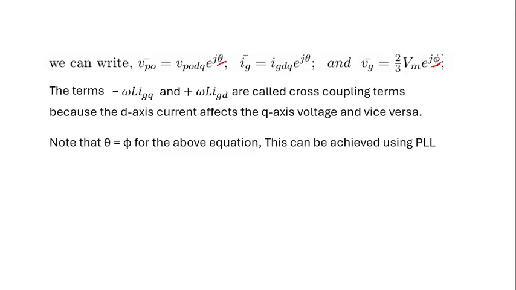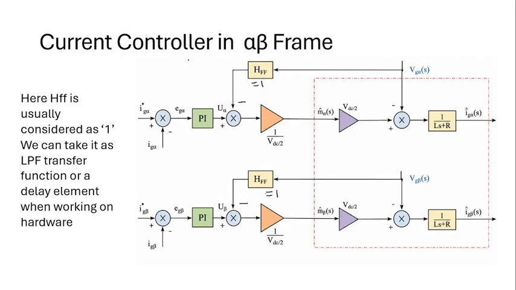So these two speeds must be the same. Okay. Now in the above equation theta equals phi, which is achieved by PLL as we discussed, and these two are cross coupled components, and this is the current controller design.